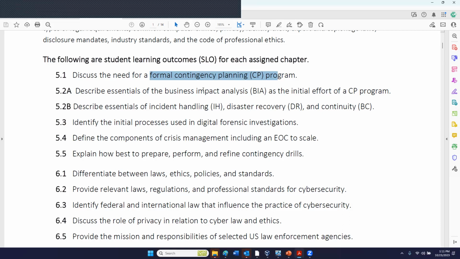We're going to be revisiting risk management by talking about the tools to manage risk effectively.